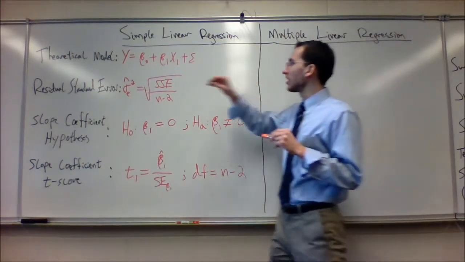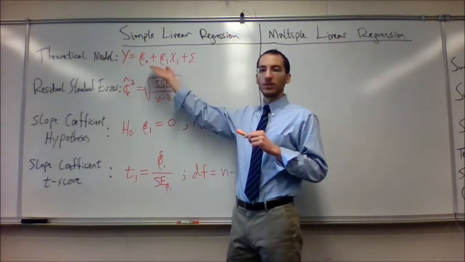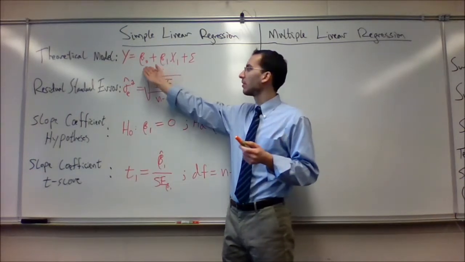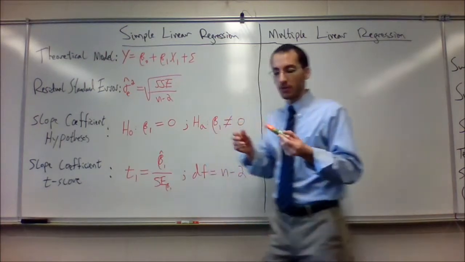So for simple linear regression, our theoretical model is what you've seen a bunch of times before, beta 0 plus beta 1 x1. That's pretty straightforward.